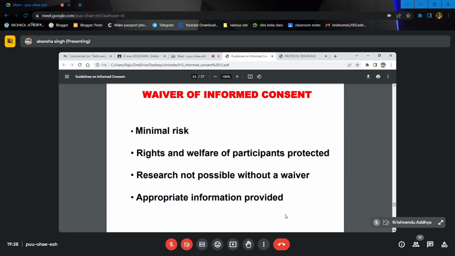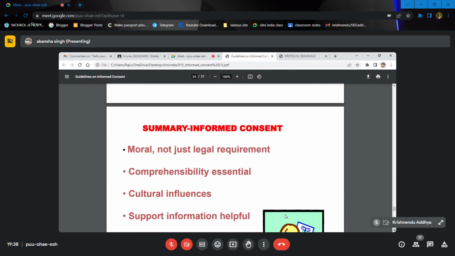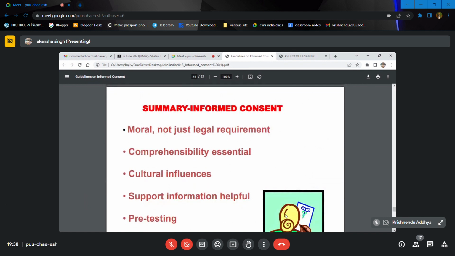There are certain situations that arise when we do clinical research where it is not possible for us to go through informed consent, so we can waive it. But for every use of the investigational product, the data has to be evaluated, reviewed, and submitted to the IRB within 5 working days of its use. Then only can they do such activities. So this is how we waive off the informed consent. Any question till here?